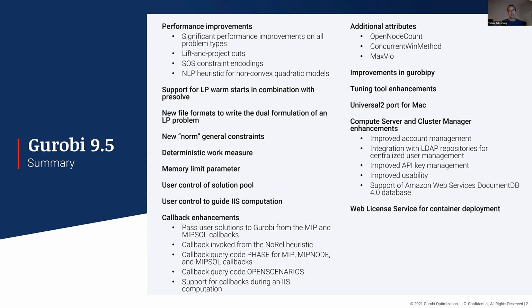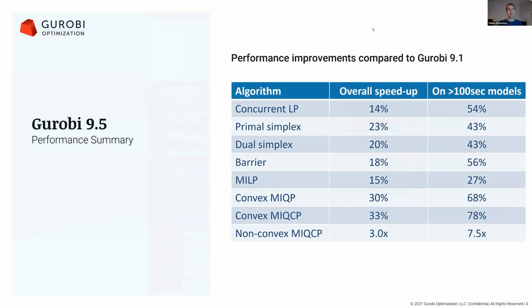Okay, so let's take a look at the performance improvements. We do have significant performance improvements on all of the problem types that Gurobi supports. You see here this table with the numbers. Concurrent LP has been improved by 14% overall and 55% on the harder models.